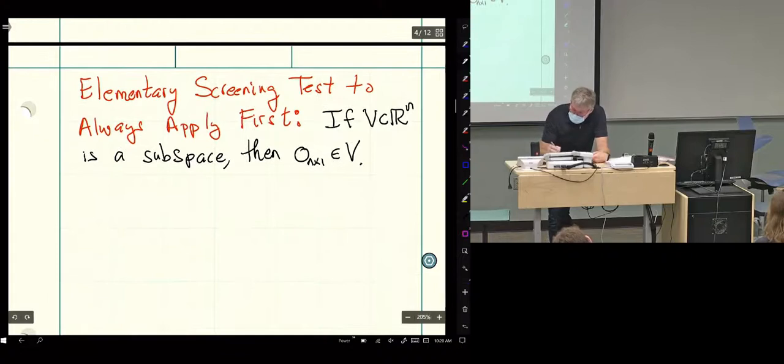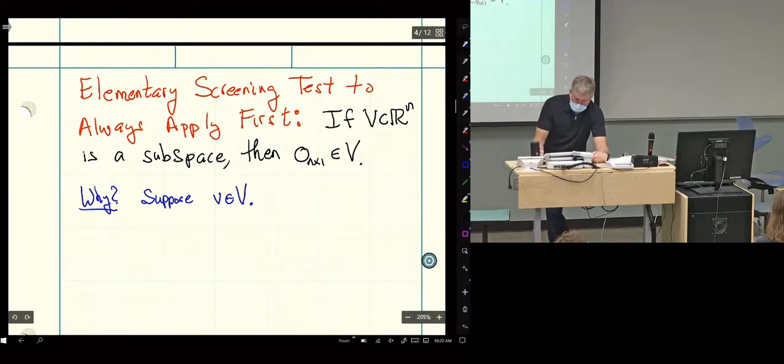And why is that true? Well, suppose V is not empty, so suppose there's some vector v in V. Then the zero scalar times v is an element of V if V is a subspace.